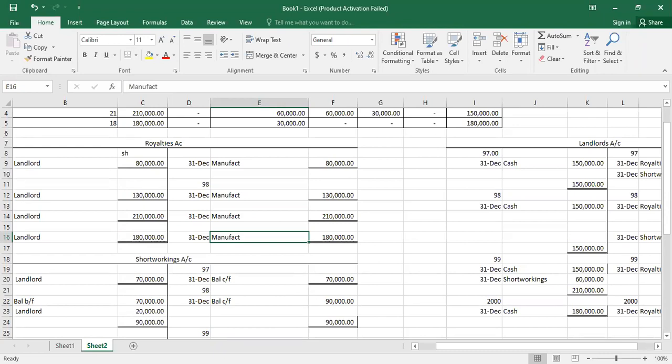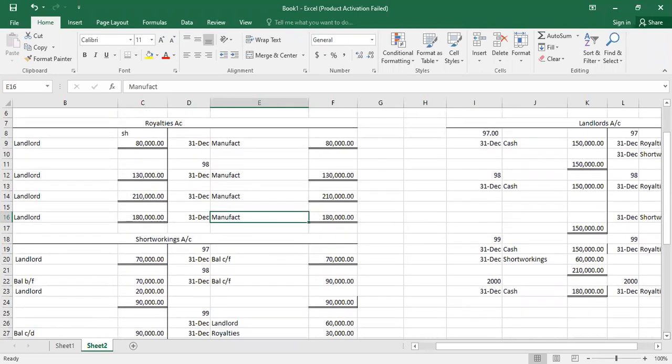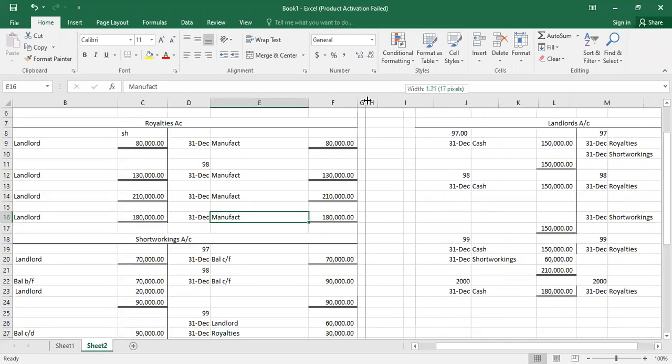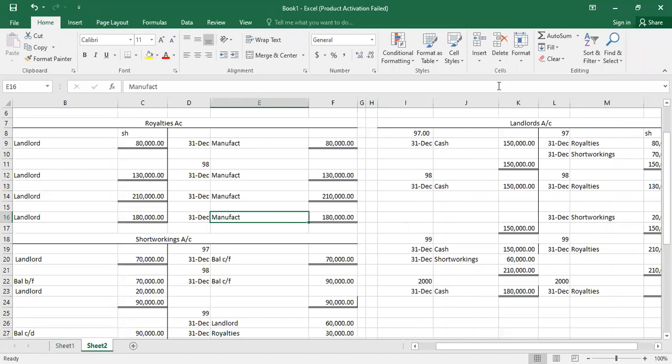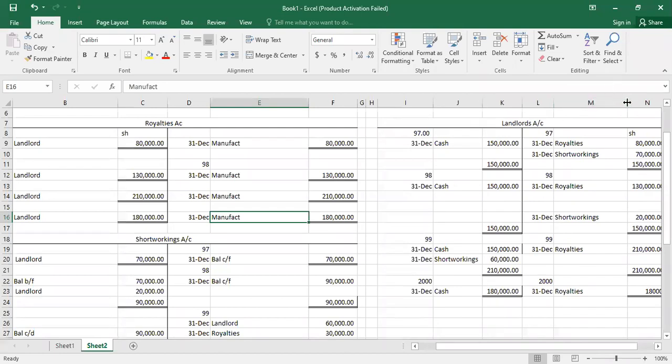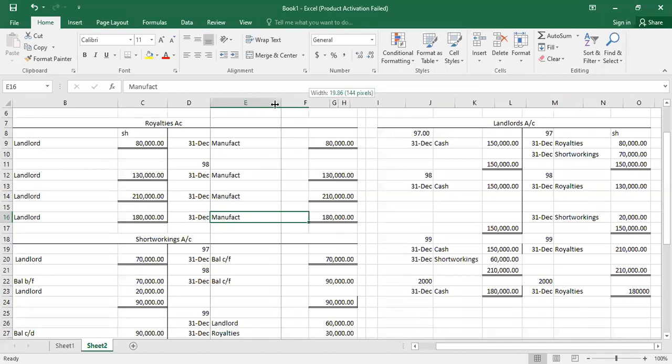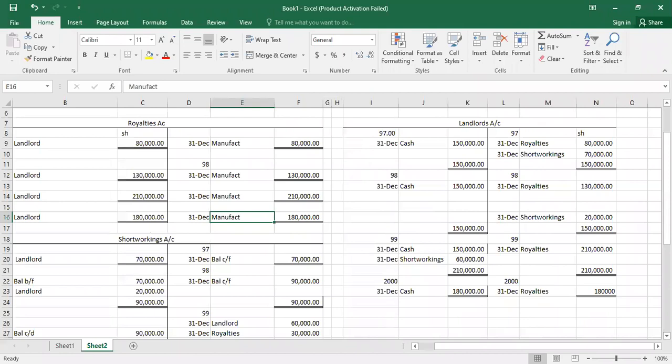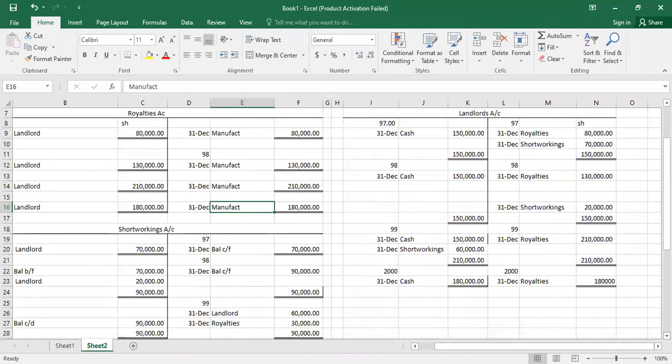So these are our accounts. So these are the accounts for the lessee, and our lessee was in the name of Fingers Limited.